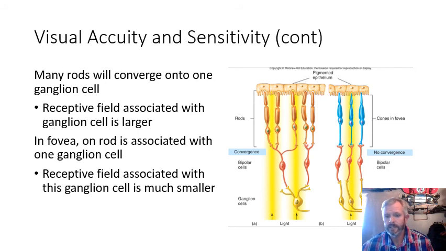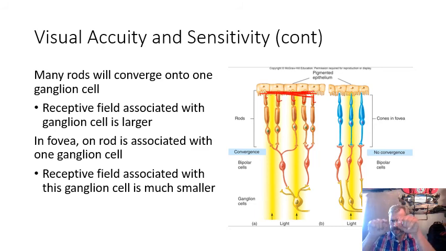All right. Here is one ganglion cell, and here are the rods. Look at 1, 2, 3, 4, 5 rods are converging onto one ganglion cell. So the visual receptive field for this one ganglion cell that's going to go back to the brain is this whole area here. Right?